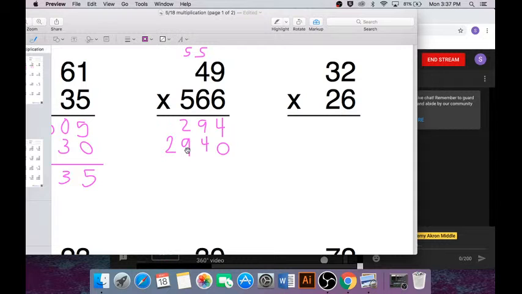Now we're going to move over to our 5, so we're going to put 2 zeros to hold our place. We have 5 times 9 is 45, so we put down the 5. We're going to carry the 4. 5 times 4 is 20, plus 4 is 24.